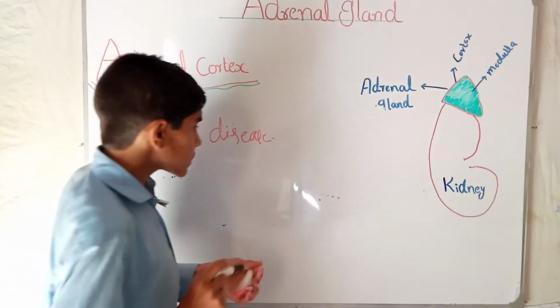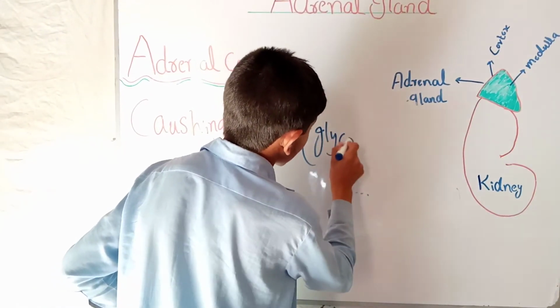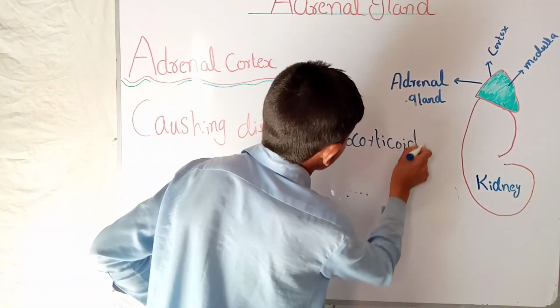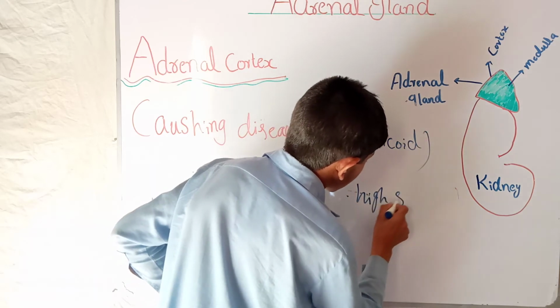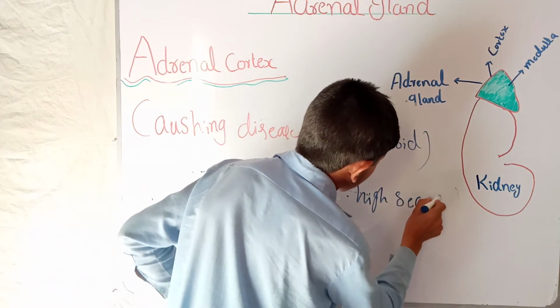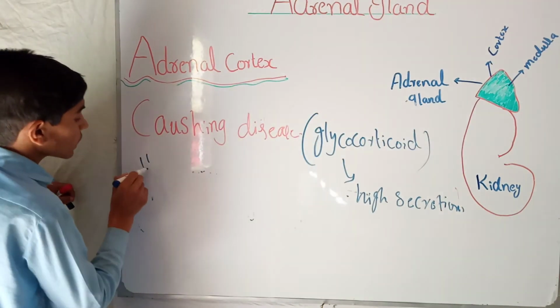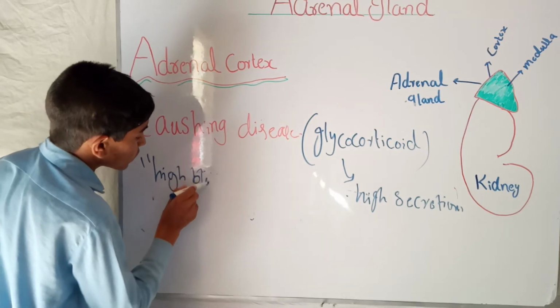Okay, so I write here: glucocorticoid high secretion, and high blood glucose level.